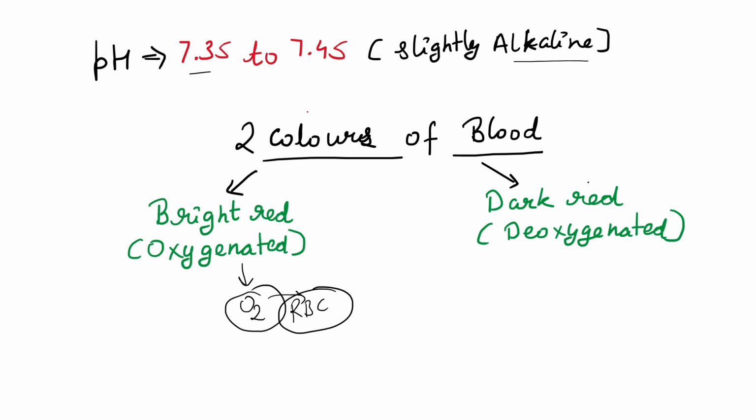In dark red color, we notice that it is deoxygenated, meaning oxygen is not present in this case, therefore it is dark red. So one is bright red and one is dark red. The dark one will look thicker, and the bright red will look lighter, that is the color of the blood.